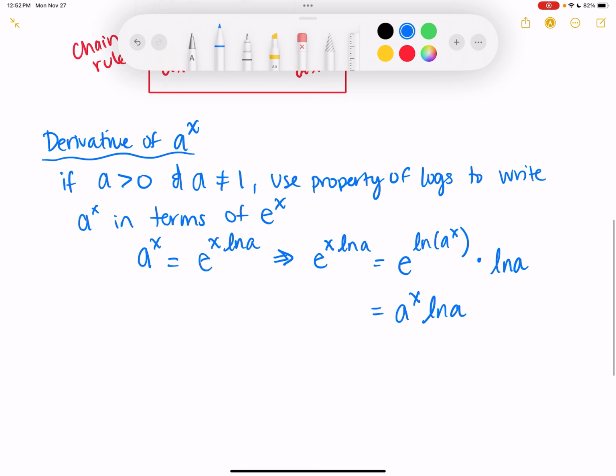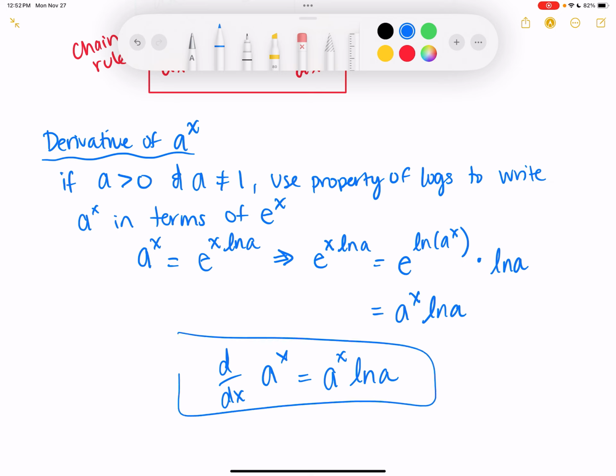So the derivative d dx of a to the x is a to the x ln of a. And a is, again, just a number. So that's the derivative of a to the x. It's a to the x ln of a.